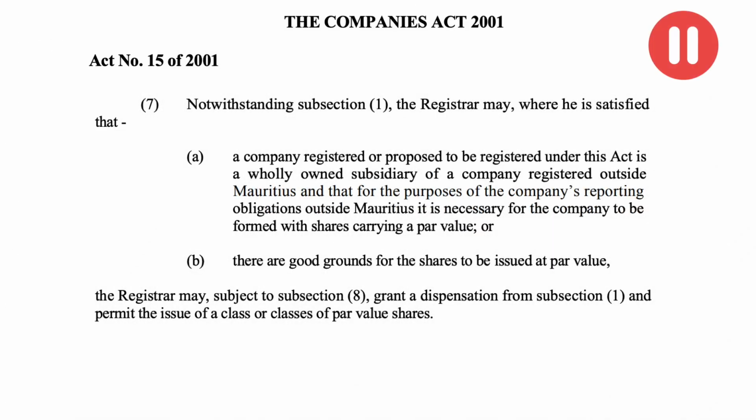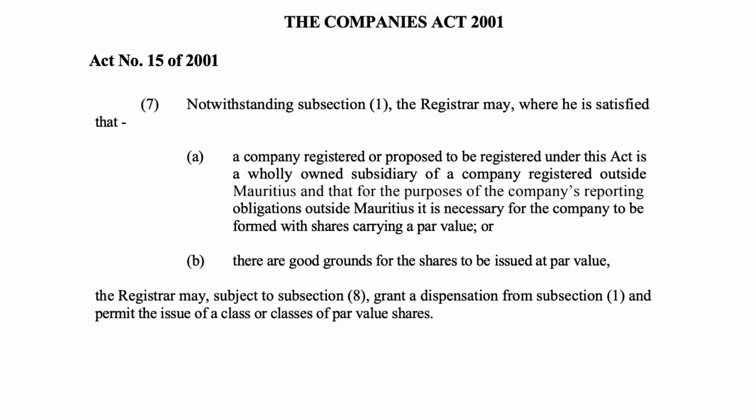Subsection 7 implies that despite what is stated in subsection 1, the Registrar of Companies has the authority to grant an exception if A, a company, whether registered or proposed for registration under the Companies Act 2001, is a wholly owned subsidiary of a company registered outside of Mauritius, and it is necessary for the company to have shares with a set par value for its reporting obligations abroad. Or B, there are valid reasons for issuing shares at a specific par value.